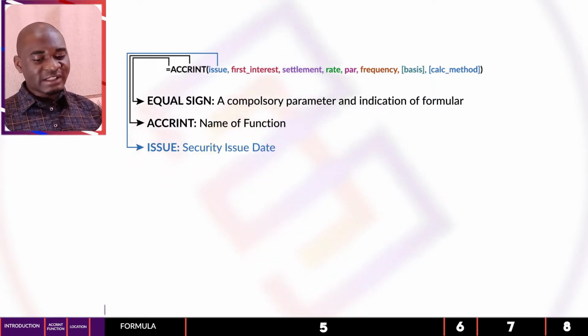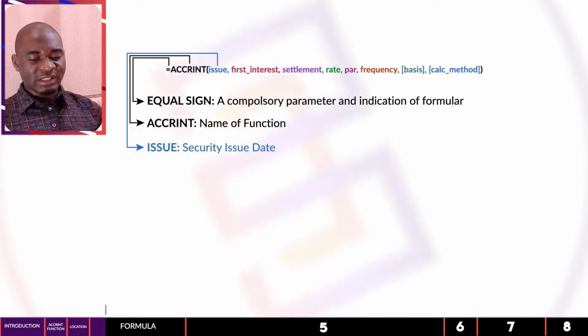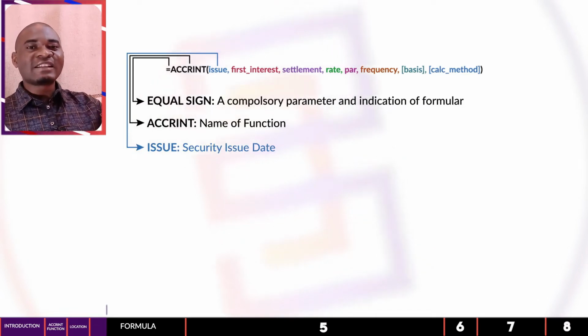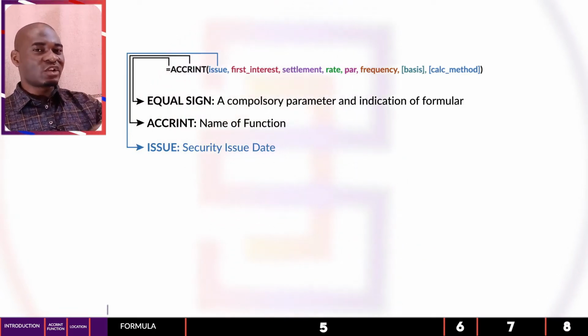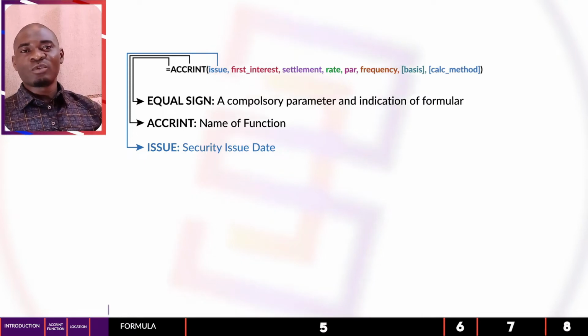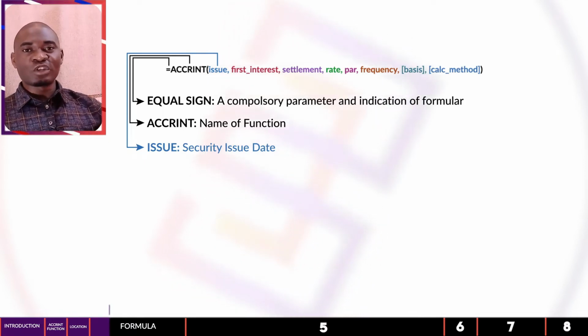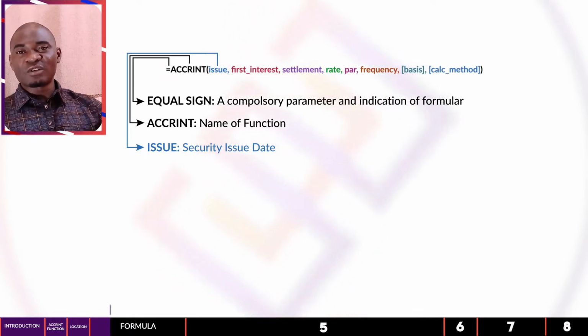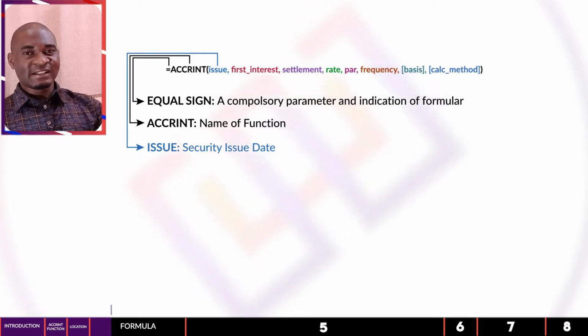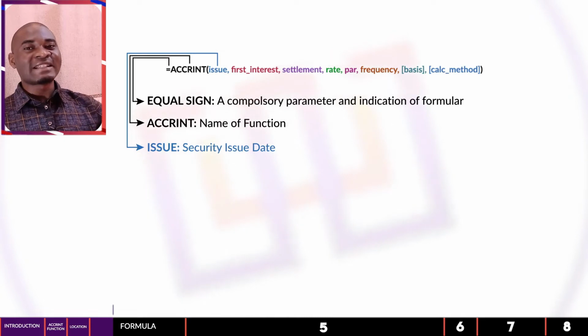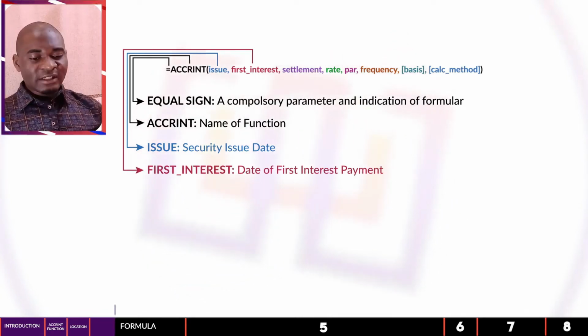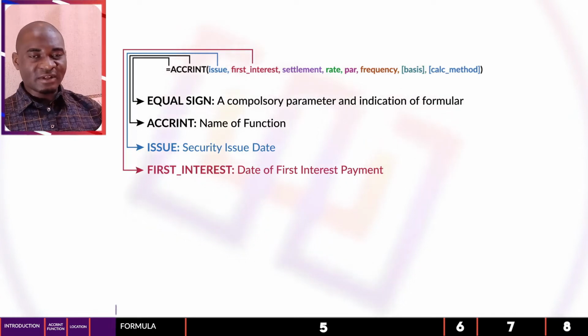Now, this issue is simply the security issue date. That is to say, the date on which the security is being issued out. Take, for example, the federal government decided to issue a bond on 1st of January 2018. Now, that 1st of January 2018 is our issue date because that is the date on which the bond is being issued out.